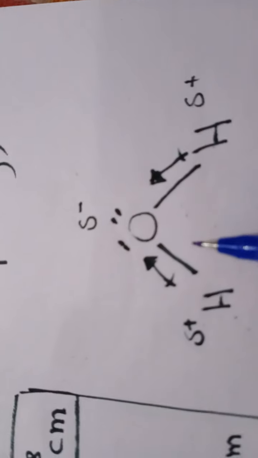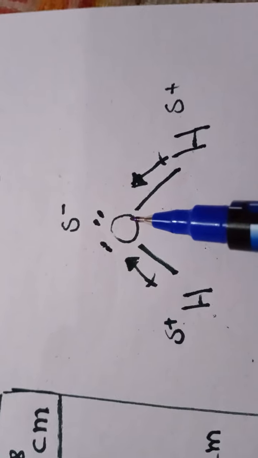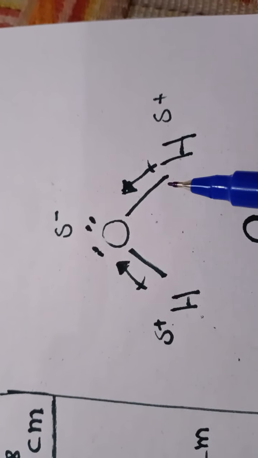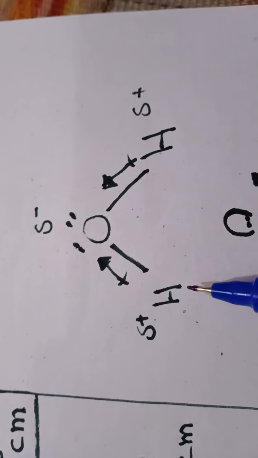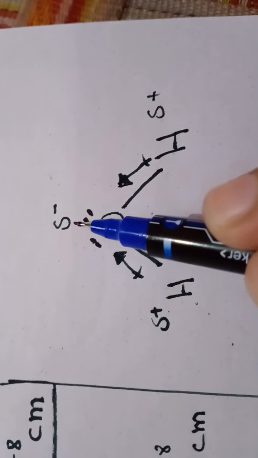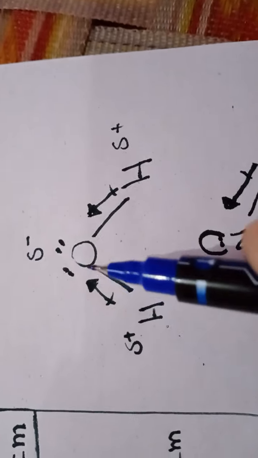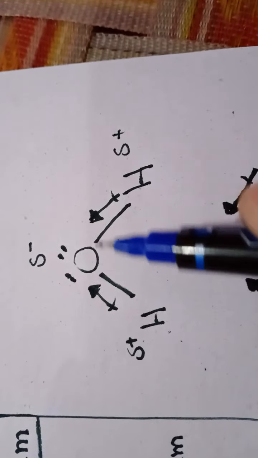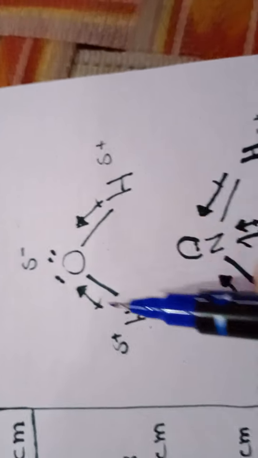So now here you can see the molecule of water. This is the angular geometry of the water molecule. Oxygen is highly electronegative as compared to hydrogen, so it is partially negatively charged, and the hydrogen atom is partially positively charged. Now this arrow represents the dipole moment, toward the oxygen atom.